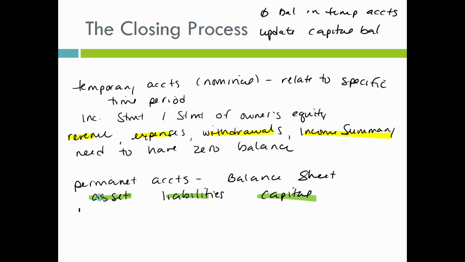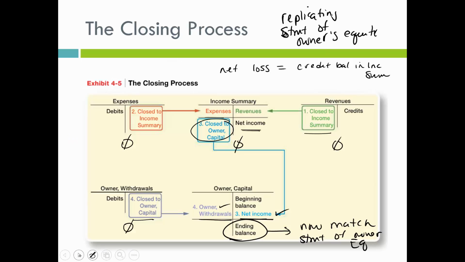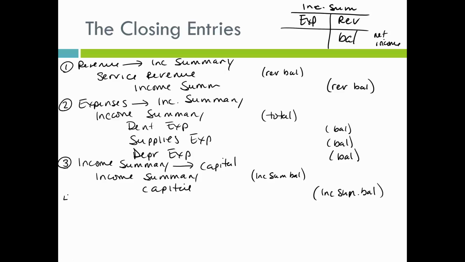And then the fourth step is to close the withdrawals to the capital account. Withdrawals have a debit balance, and so actually then here I would have sent that to capital, and so now this would have a zero balance.